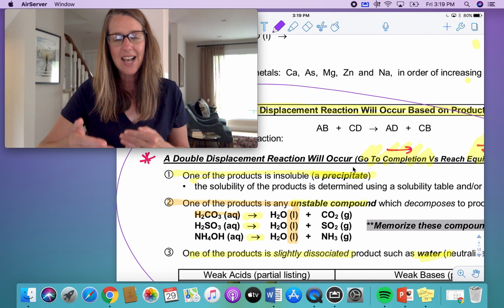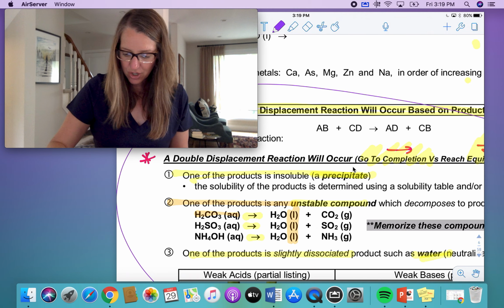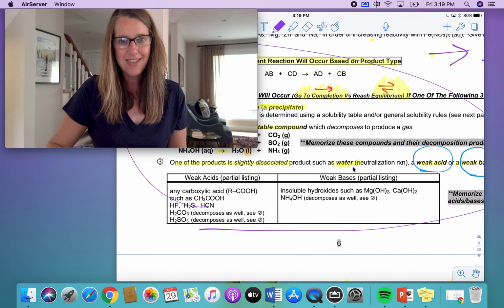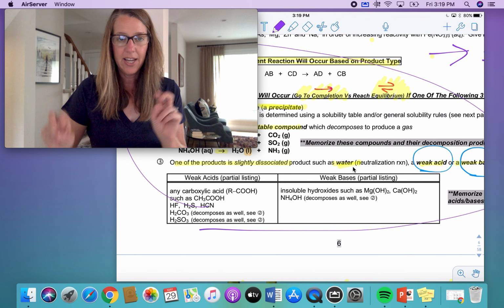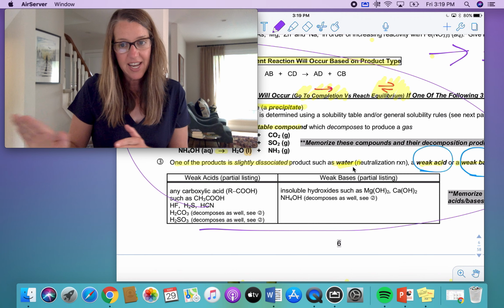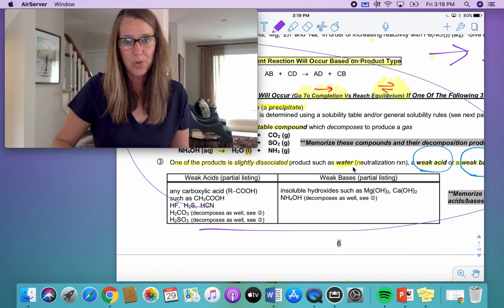And so weak acids and bases actually mostly stay together, and then the ions aren't there for an equilibrium. So if one of the products is slightly dissociated, i.e. a weak acid or a weak base, then it's going to stay as such and it will go to completion.